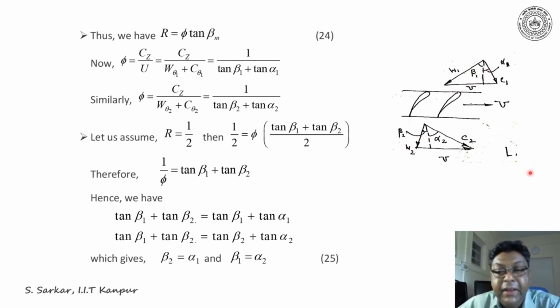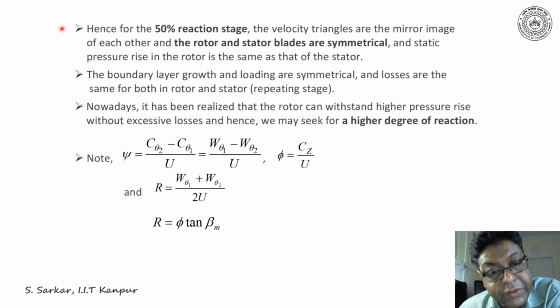Thereby, the inlet and exit velocity triangles are the mirror image of each other. Hence, for the 50% reaction stage, the velocity triangles are the mirror image of each other, and thus the rotor and the stator blades are symmetrical.